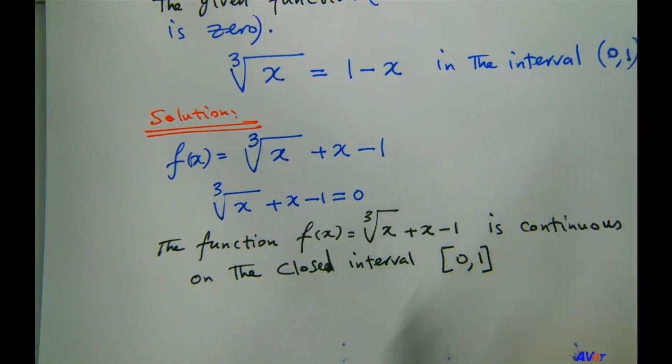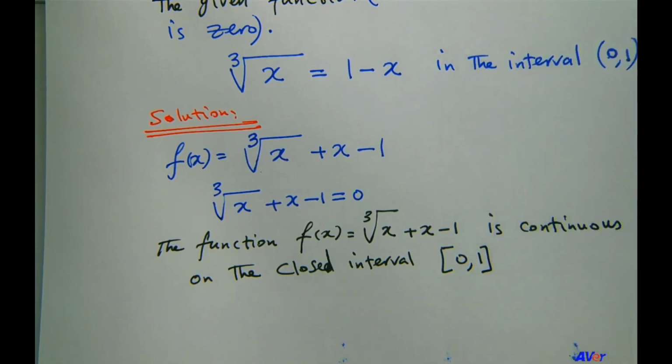Over that, we know it's continuous, which is the necessary assumption for the intermediate value theorem to apply. If it was discontinuous, then over this interval, we could not apply the intermediate value theorem.